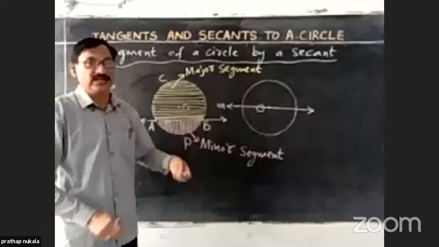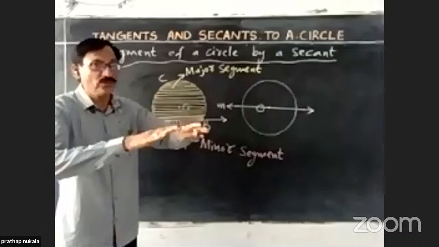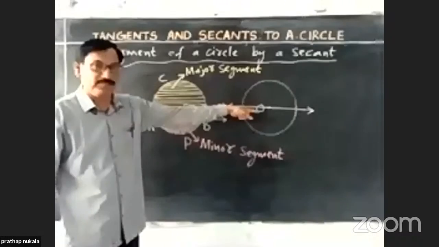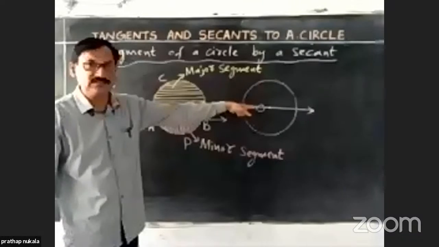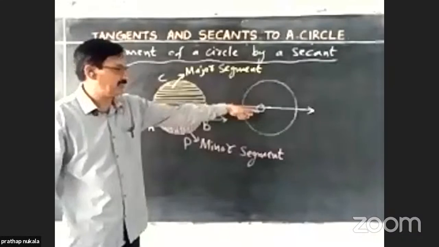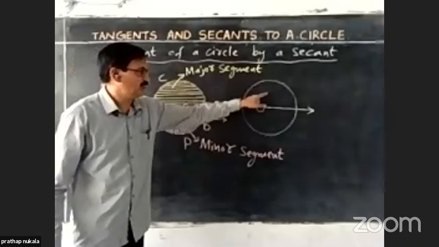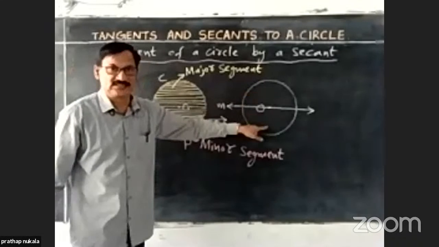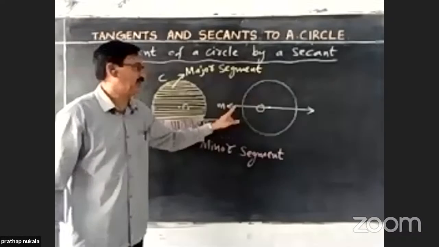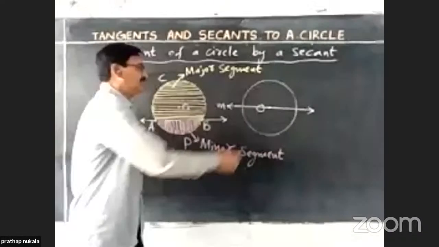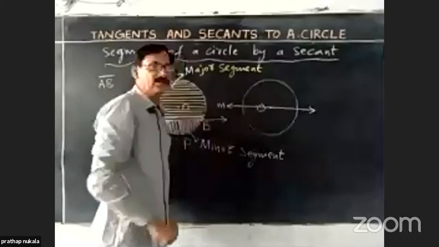The circle is divided into two. Is there any minor segment or major segment? Does there exist any smaller region comparatively? These are the regions formed if a line intersects a circle. Just think, what happened?